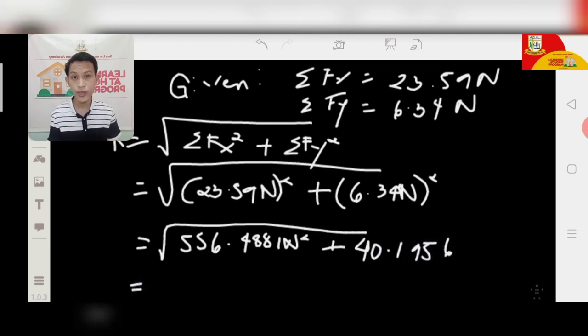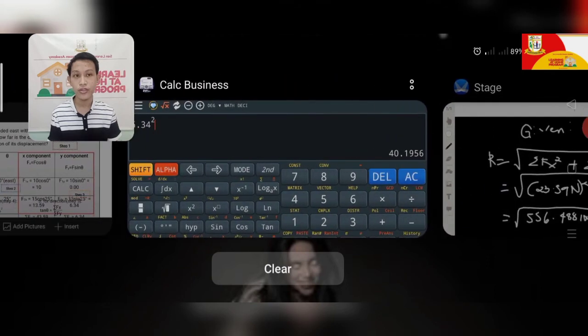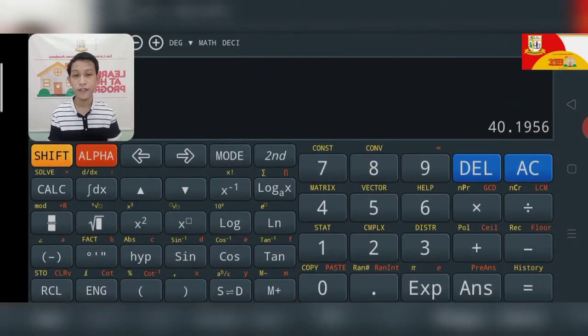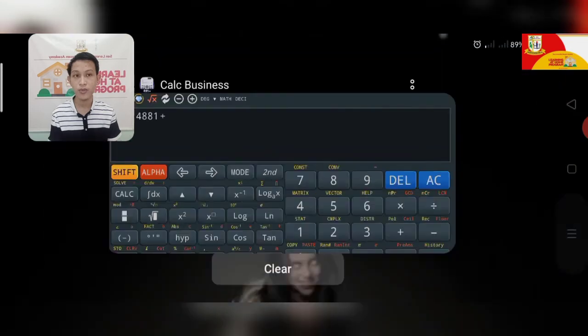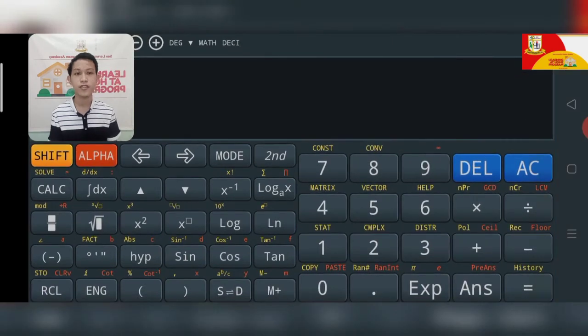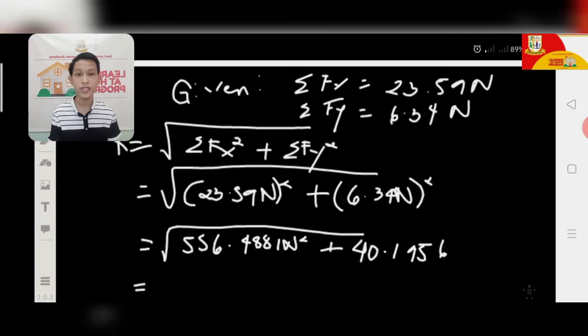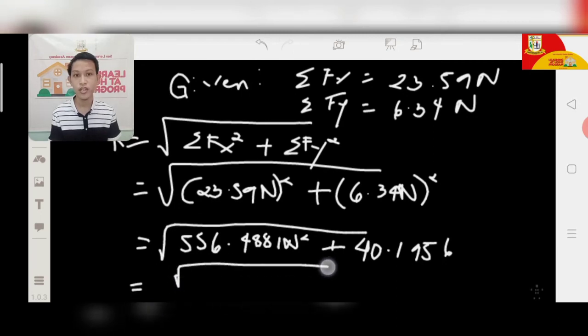Add the two values, using your calculator again to make it easy: 556.4881 plus 40.1956 is equal to 596.6837.